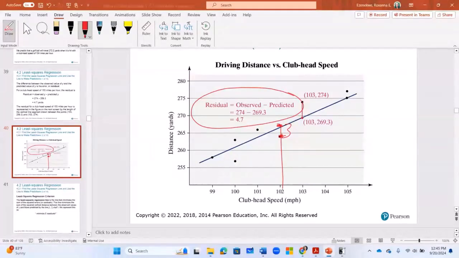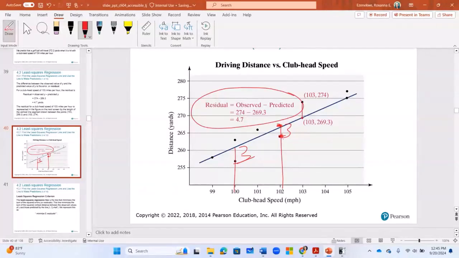So if the observed is under the line, then the residual is negative. Right here, the residual of 100 is negative. Why? Because the observed is under the line.